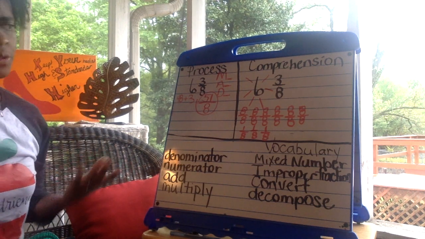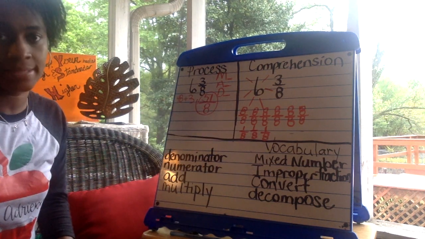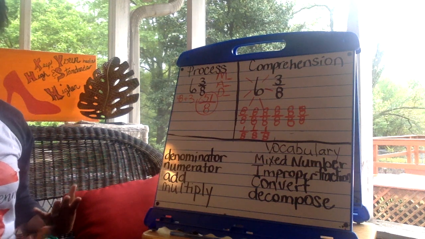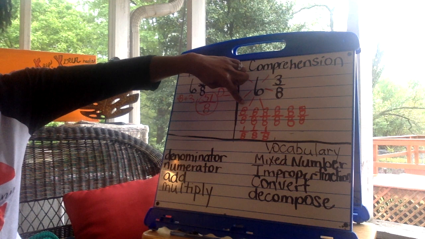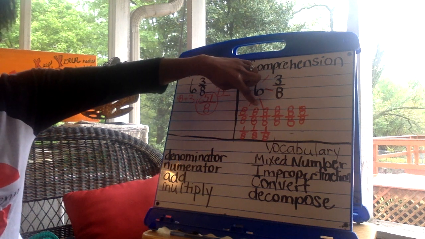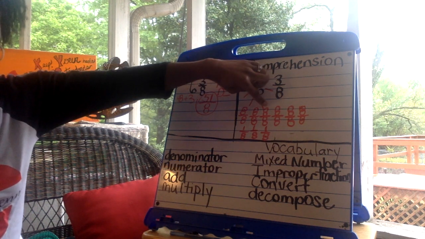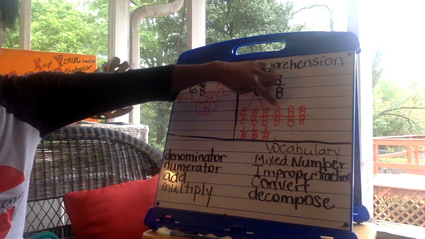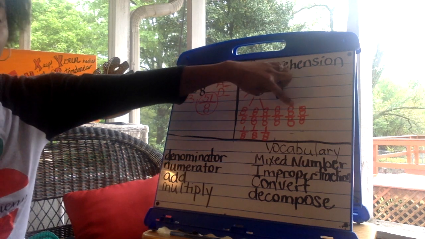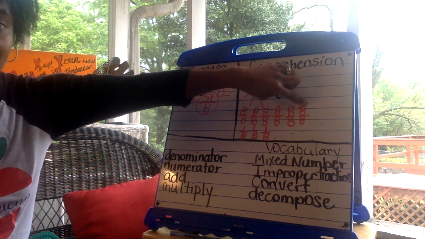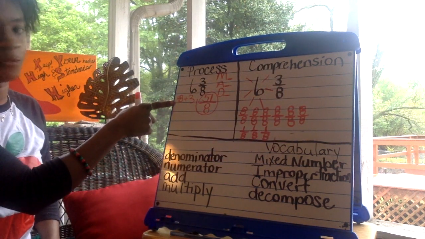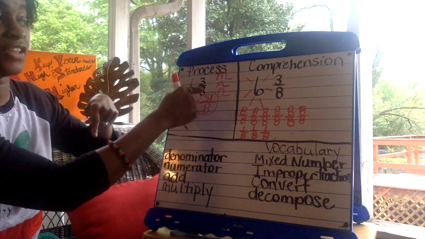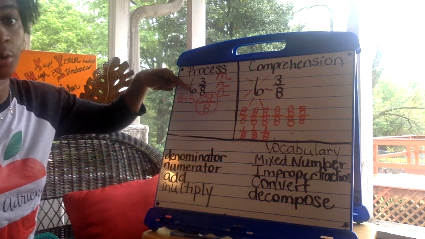Now, you may ask yourself, well, where does 51/8 come in? Well, it's all the same. If I were to count by my eights, help me count: 8, 16, 24, 32, 40, 48. Notice that this 48 is the same 48 as me multiplying the denominator by the whole number.